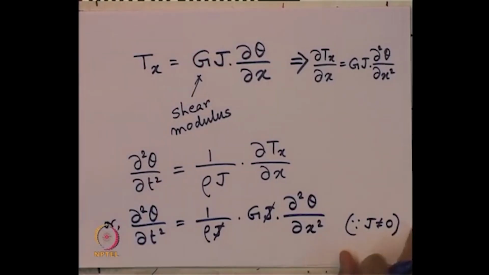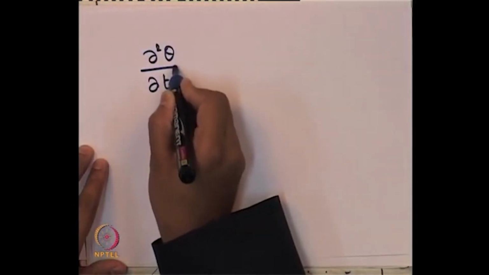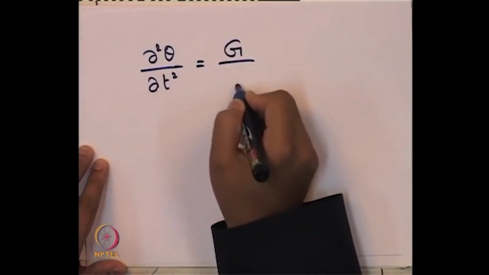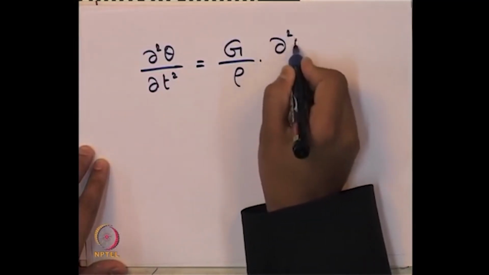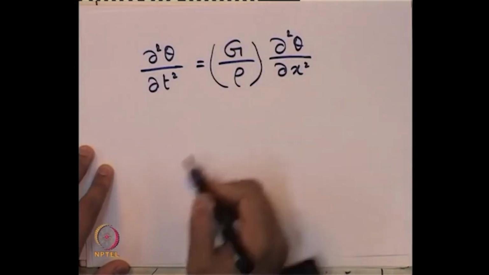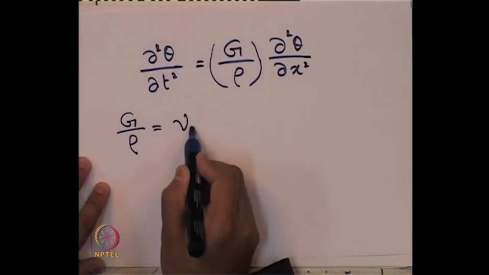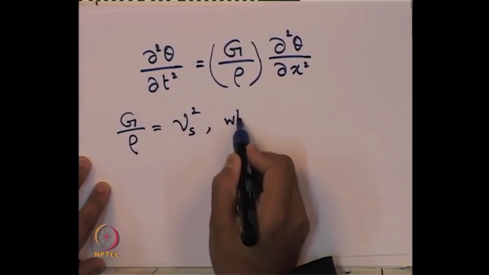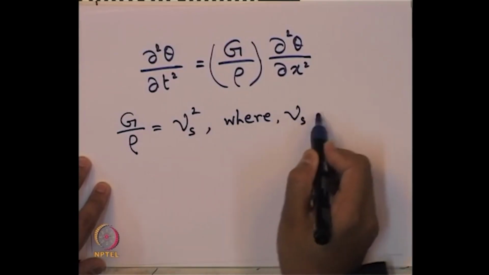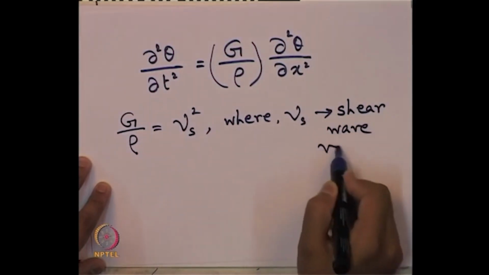So, what is the simplified form? The simplified form of this equation is del 2 theta del t square equals G by rho times del 2 theta del x square. Now, this G by rho is defined as Vs square, where Vs is called the shear wave velocity.